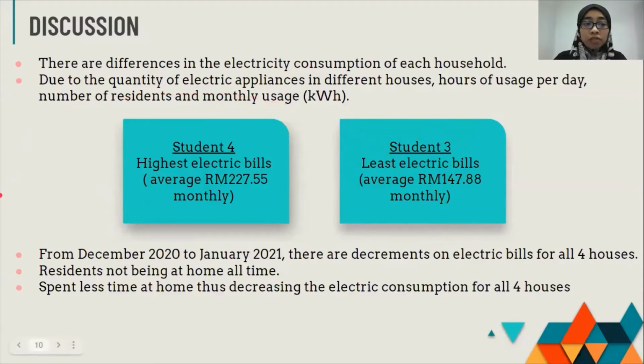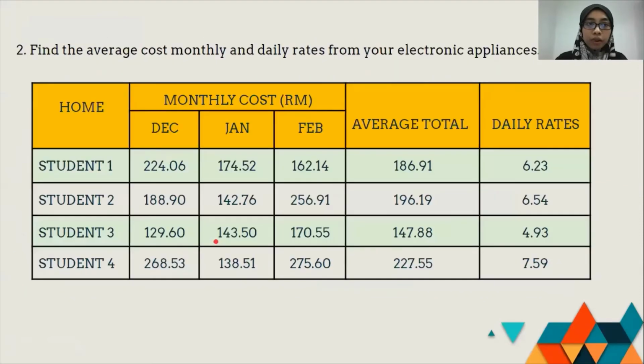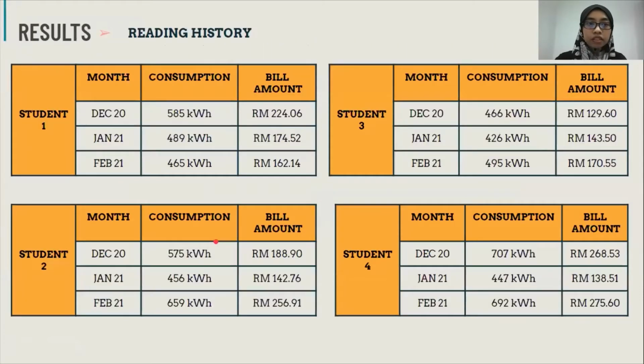Based on the observation, from December to January, there are decrements in the electric bill for all 4 houses. As you can see, student 1 went from 585 kilowatt hours to 489 kilowatt hours.